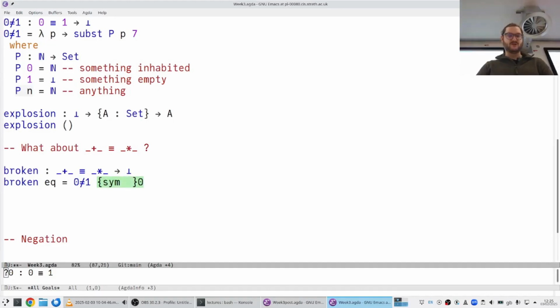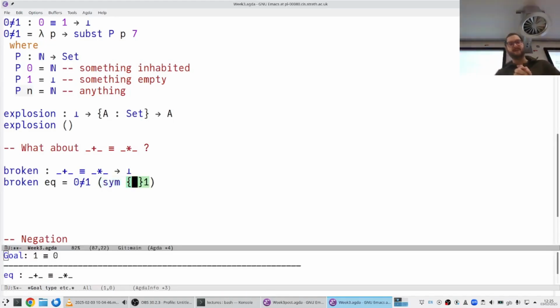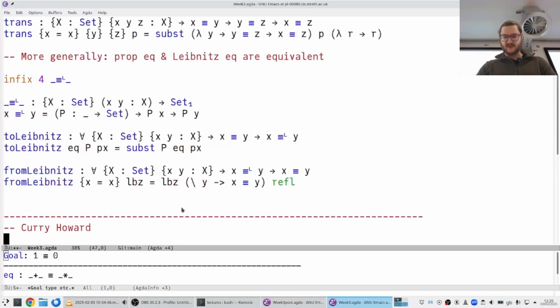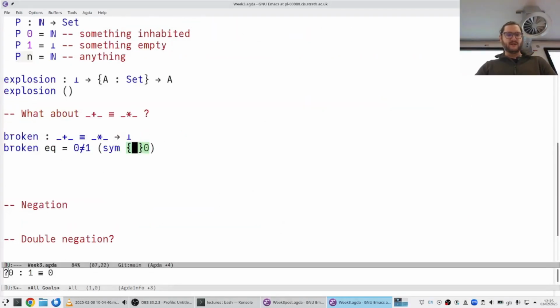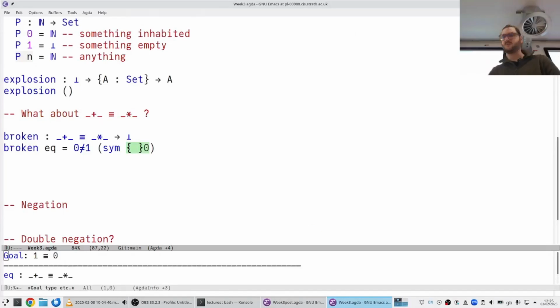Luckily, we've proven symmetry, so I can do symmetry. And then, oh, it's not imported. Let's pretend we had imported it already. What are we going to do? Well, in the context, we have this assumption that plus is equal to times.